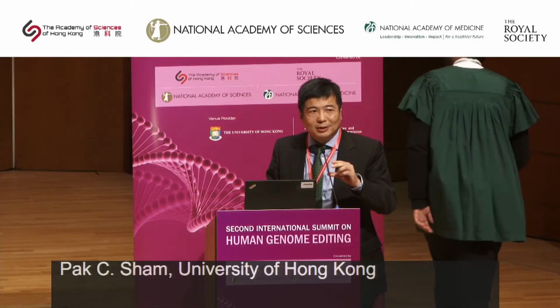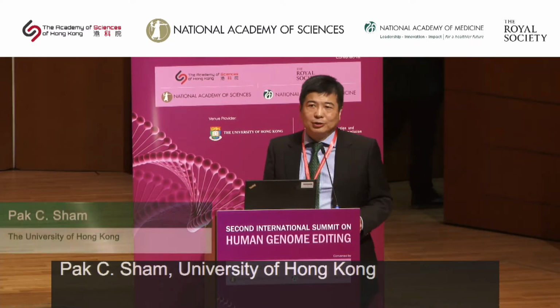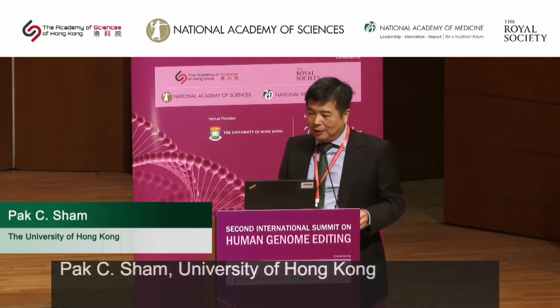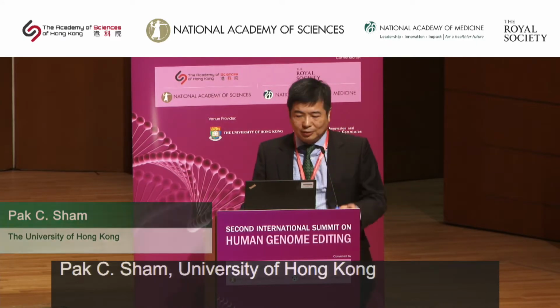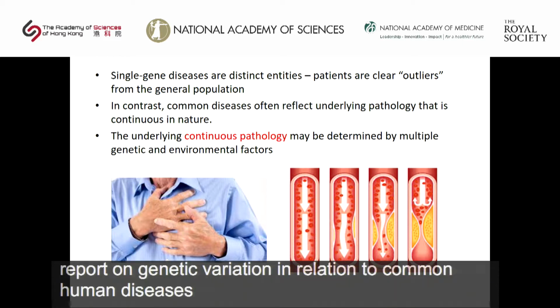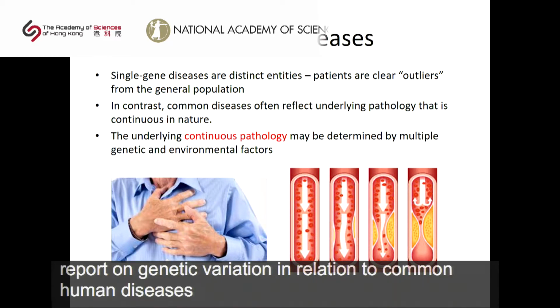Okay, good morning, everyone. I'm going to give a report on genetic variation in relation to common human diseases. As we heard from John, single gene diseases are clinically very distinct, and patients are really outliers, very different from the rest of the population.